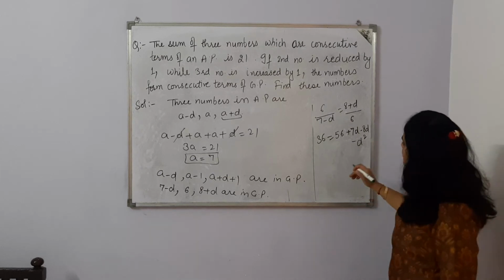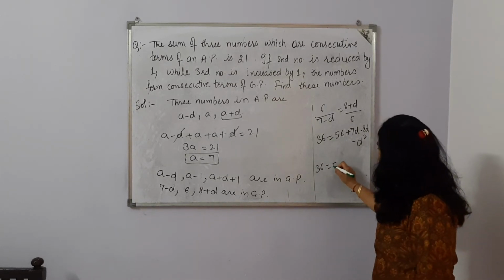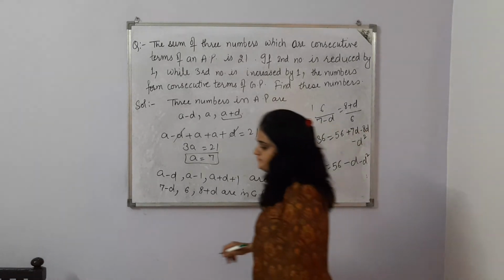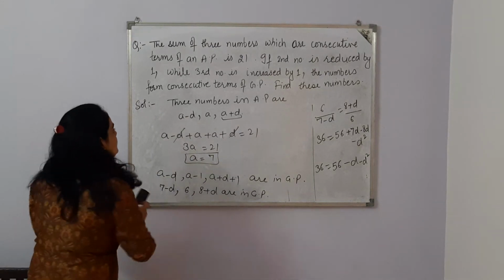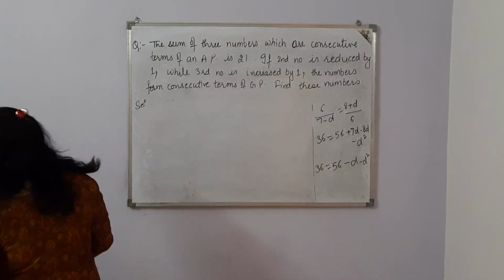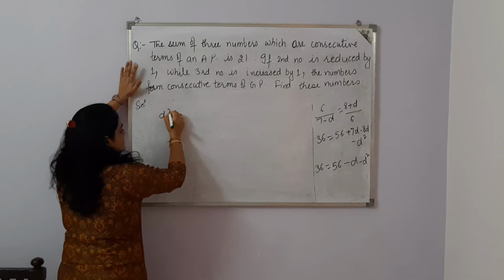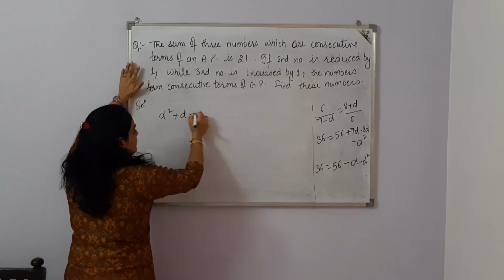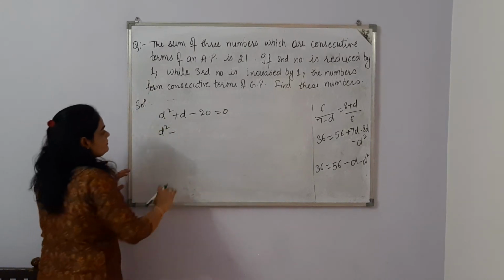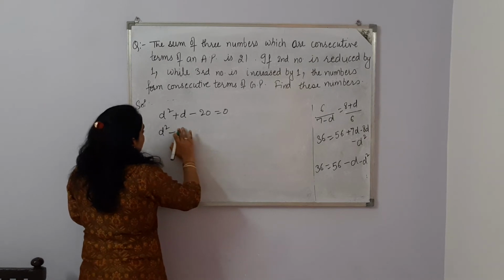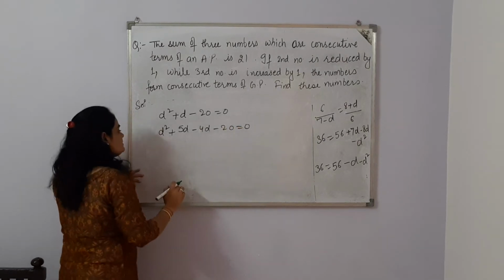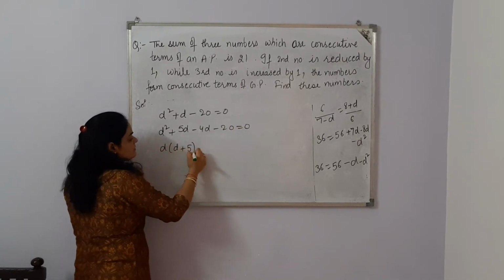So 36 is equal to 56 minus D square. So D square plus D minus 20 is equal to 0. We'll apply middle term splitting and find the value of D. D square plus 5D minus 4D minus 20 is equal to 0, so D plus 5 and D minus 4.